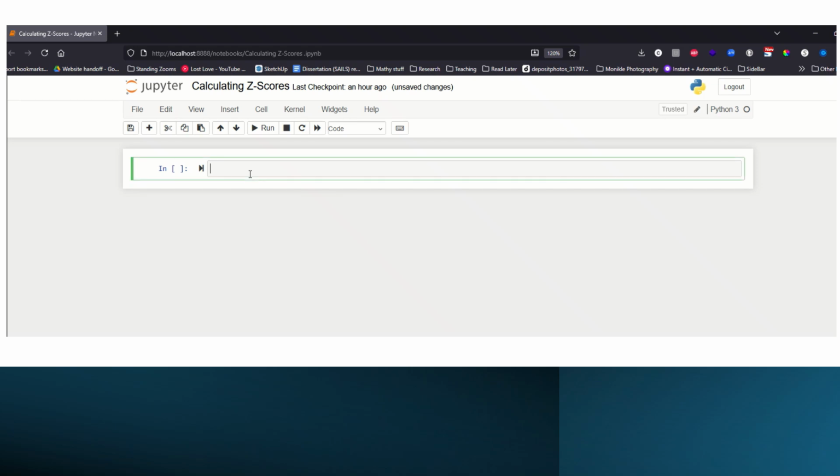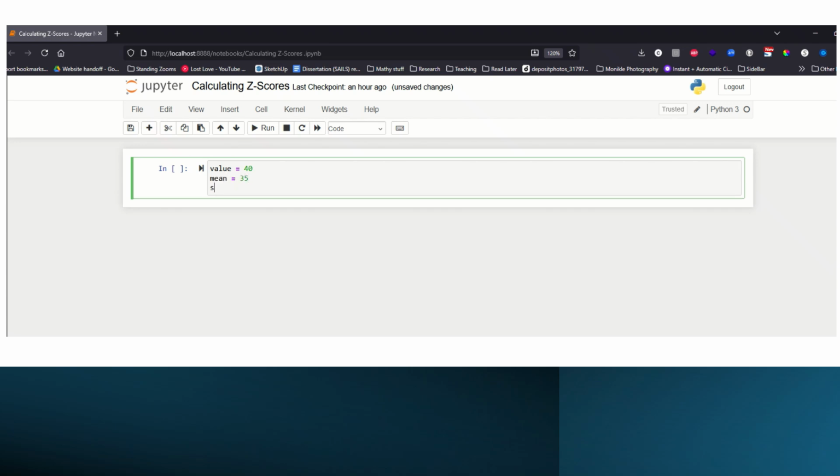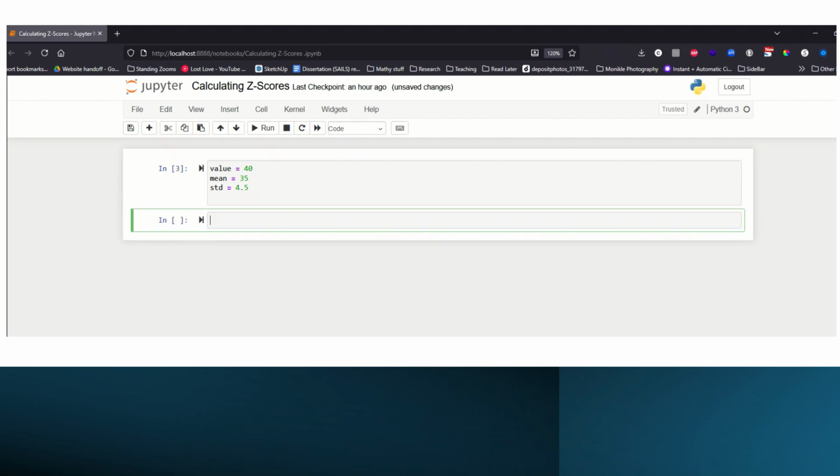If I have some value, let's just call it value, and that value is 40. If I happen to know that for the population that value came from, the mean for that population is 35, and the standard deviation for that population is 4.5, with that information, I can calculate a standard score, or a z-score in this case.